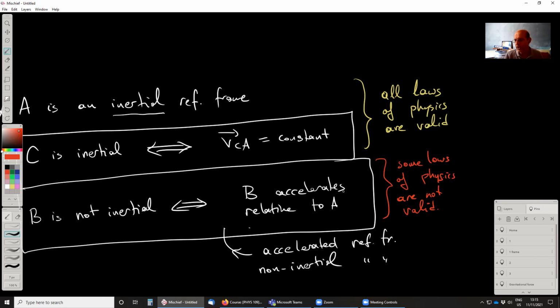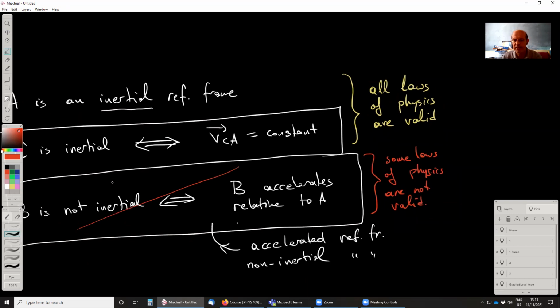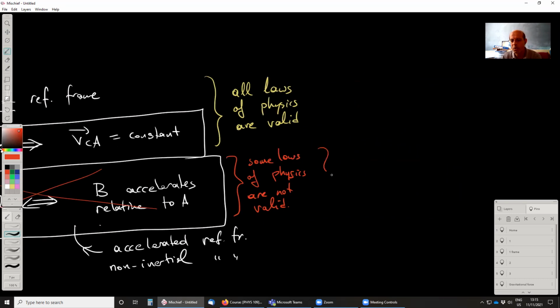There are some laws which are valid, like the third law is valid, whether the reference frame is accelerated or not. So that's independent of the reference frame. There are some laws of electromagnetism that we will see later. They are not valid in accelerated reference frames, right? So as a result, these are the reference frames that we don't want to use, right? Don't use them. Unless you know what you are doing.